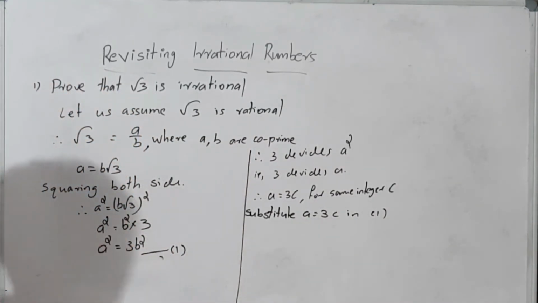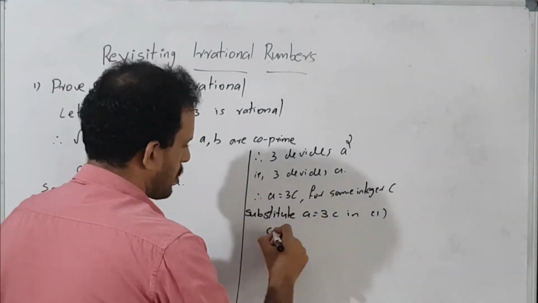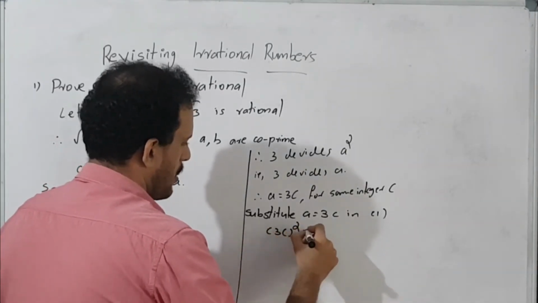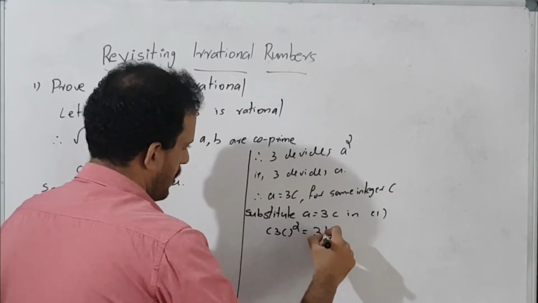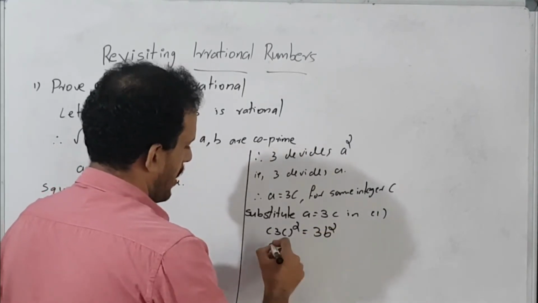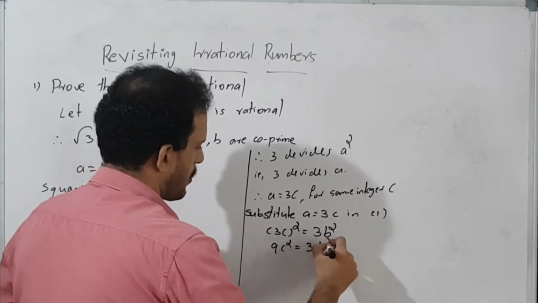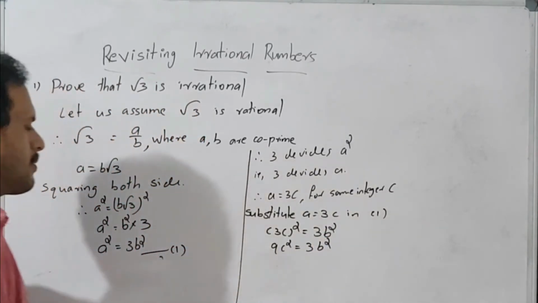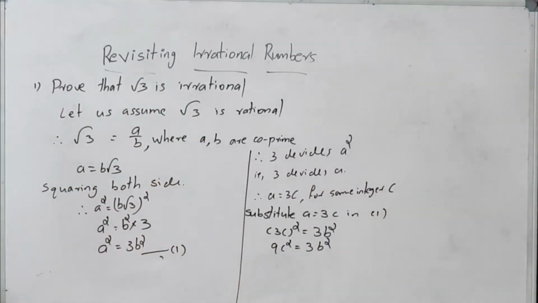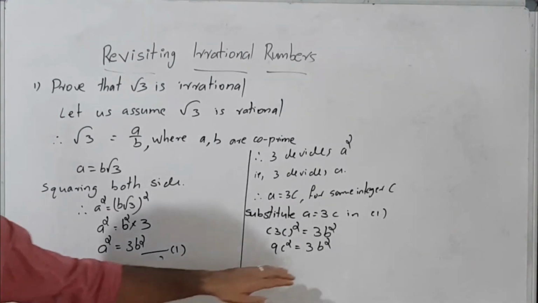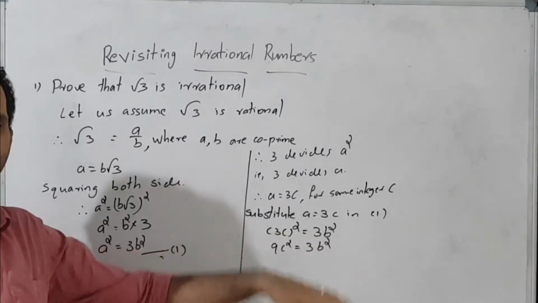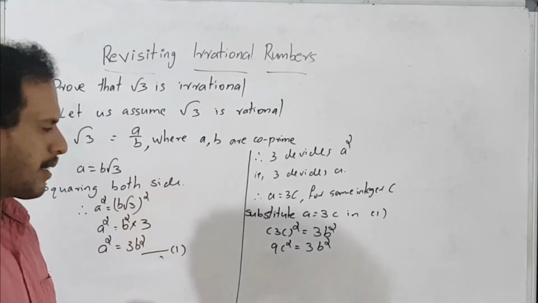a square means (3c) whole square is equal to 3b square. Then 9c square is equal to 3b square. Now on both sides of the equality sign 3 is common, so it is possible to cancel by 3.